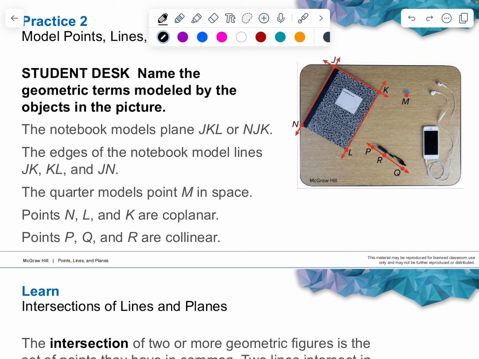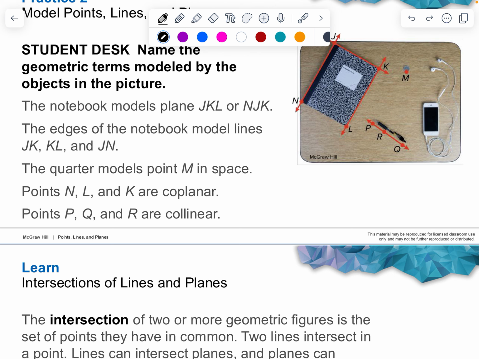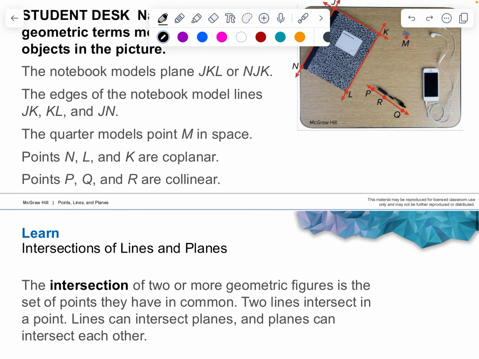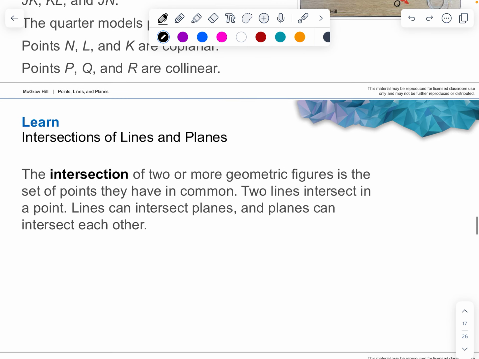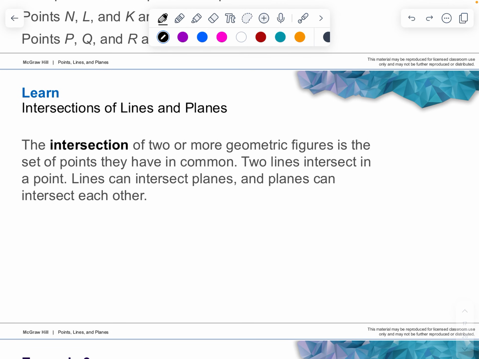The edges can be lines. Those points at the corner are just points. The quarter is a point. The pen can be a line. Collinear points there are P, R, and Q. Coplanar points, good.